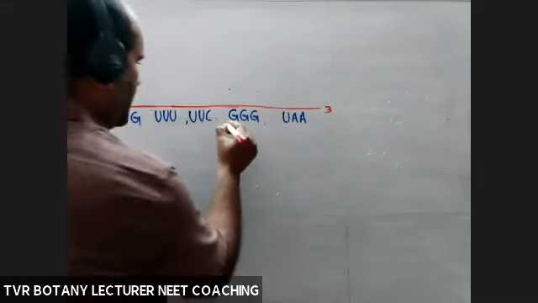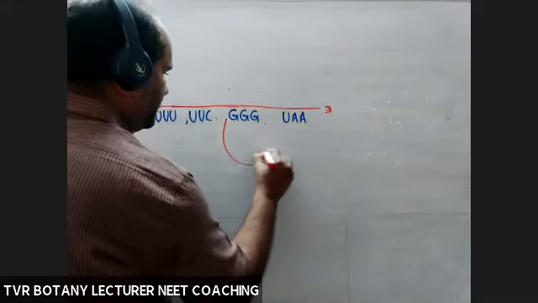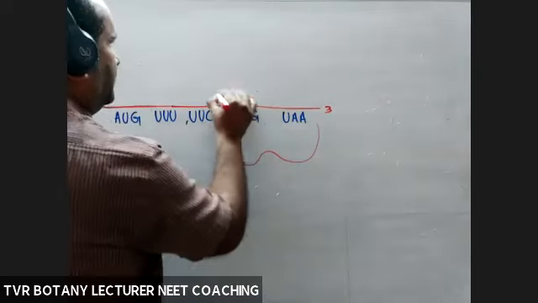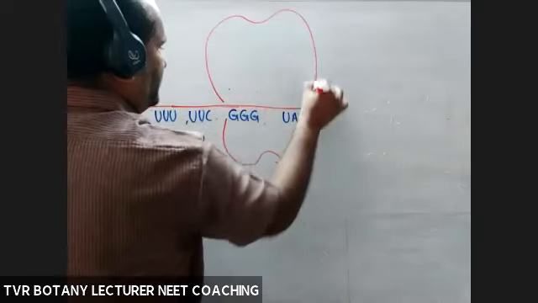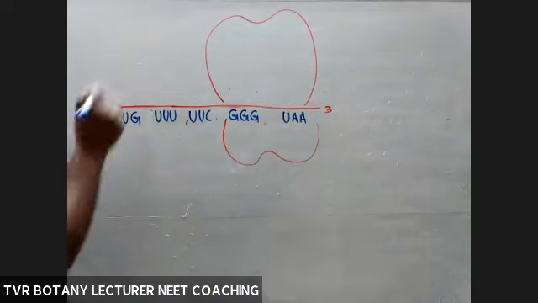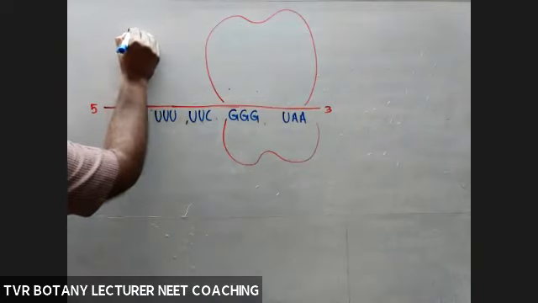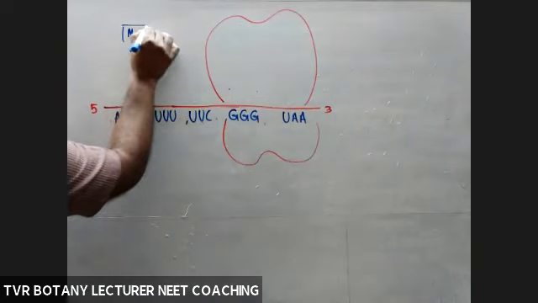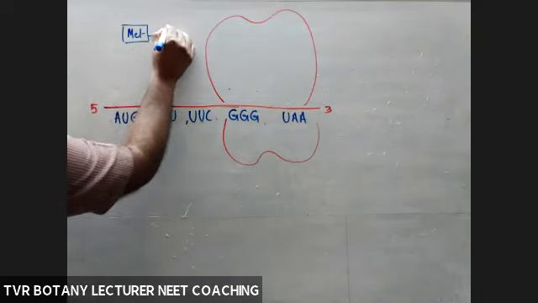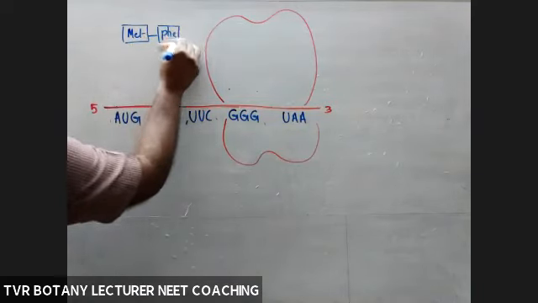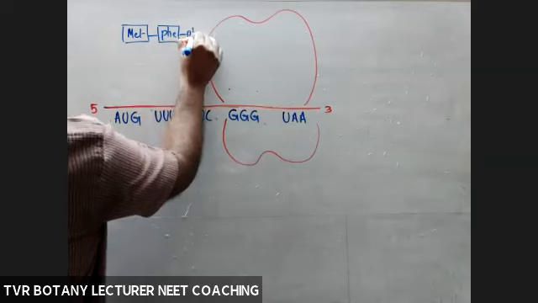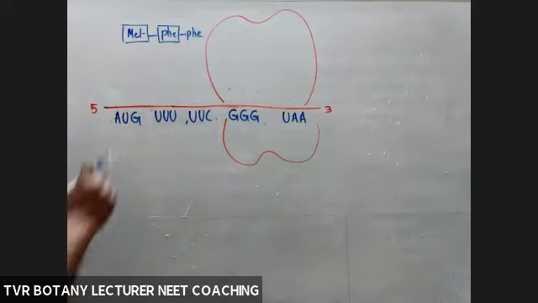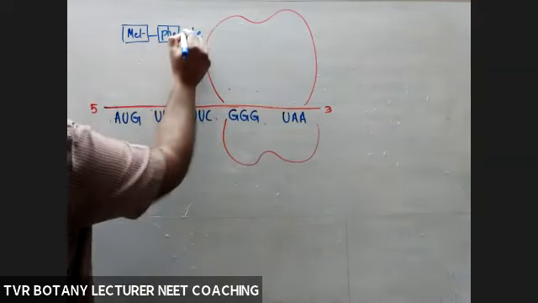So now the ribosome is here, smaller subunit and larger subunit. So first amino acid, methionine, bond, phenylalanine, bond, phenylalanine. 3 completed.